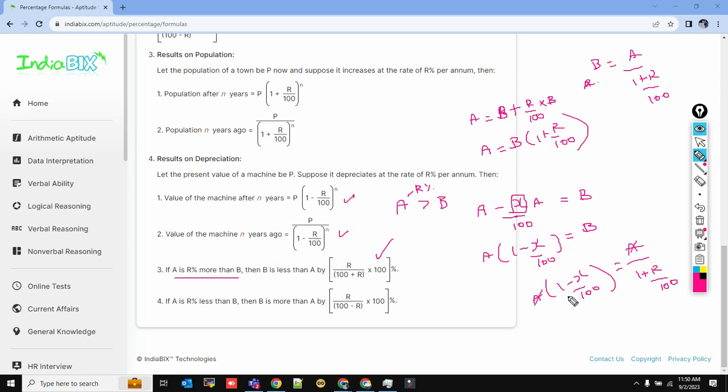Then you can take the LCM, which will be 1 minus X by 100 is equal to 100 divided by 100 plus R. Then take X to this side.